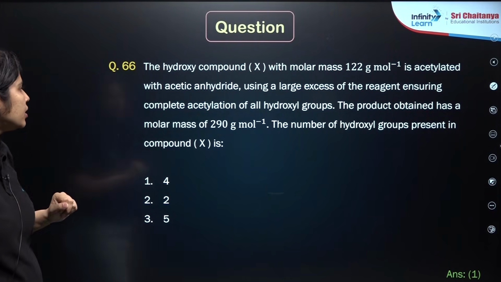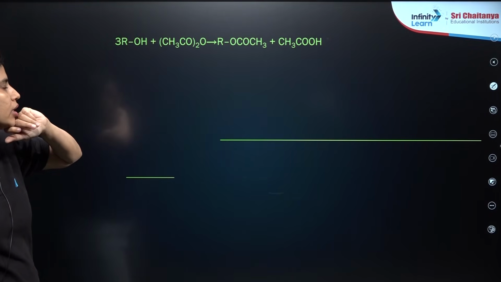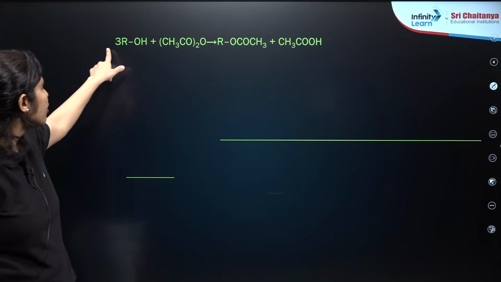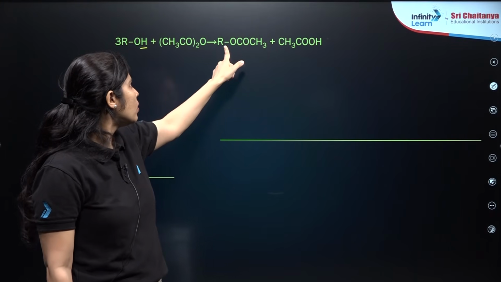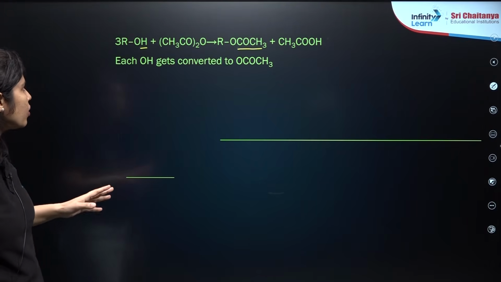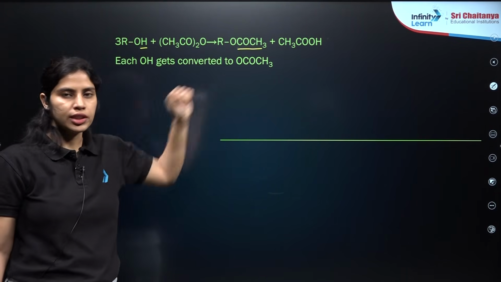So let's see, if we have complete acetylation, this is the kind of formula that we are looking for. As you can see, for every R group, the hydrogen is getting replaced by COCH3. I will write it down very nicely, don't worry. Each OH gets converted to OCOCH3.